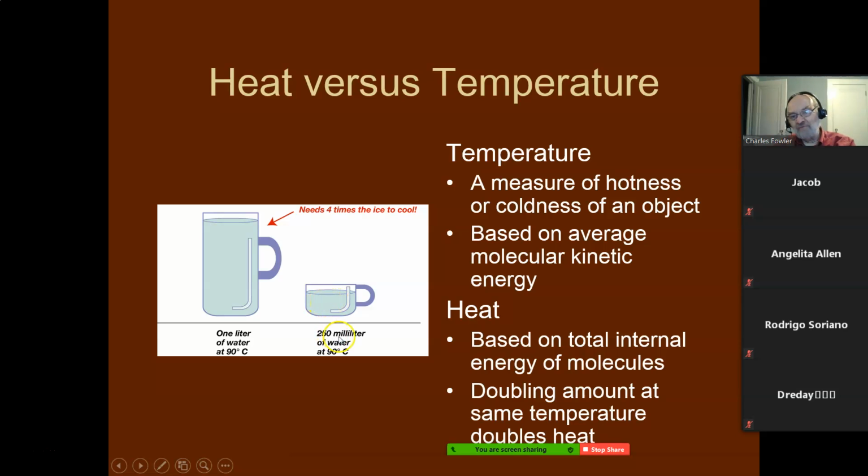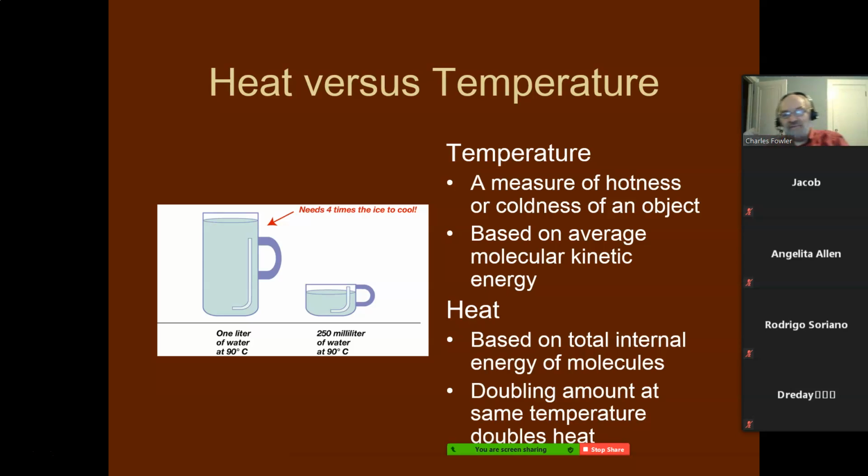This was 250 milliliters. That's a full liter. So you have 4 times the amount of coffee here as you do there. But let's say that coffee, both of those coffees, are at 90 degrees Celsius. Now that's pretty close to boiling point of coffee. So this is almost like that McDonald's coffee that's so hot you can burn yourself on it. Okay, maybe not quite that hot, but it is.